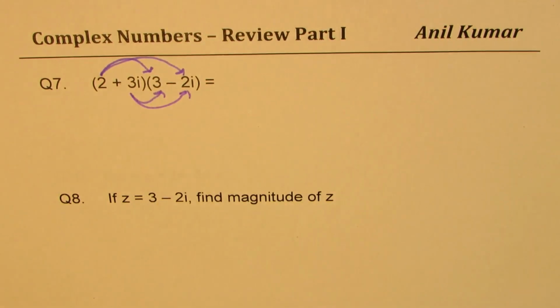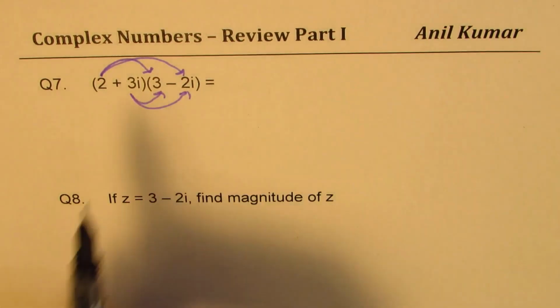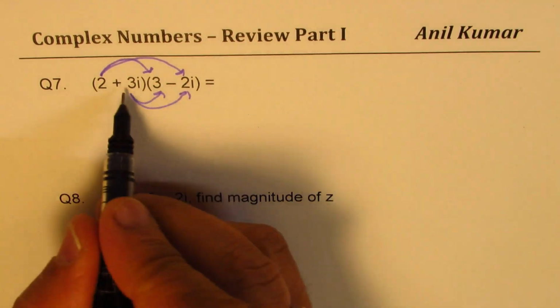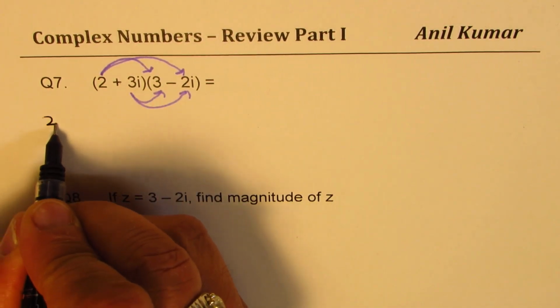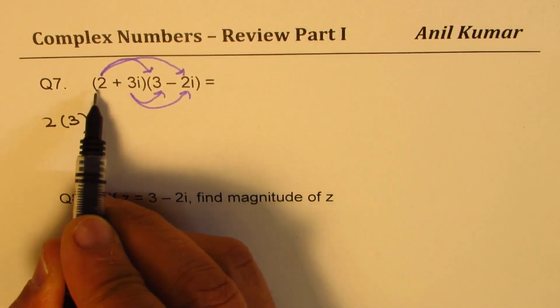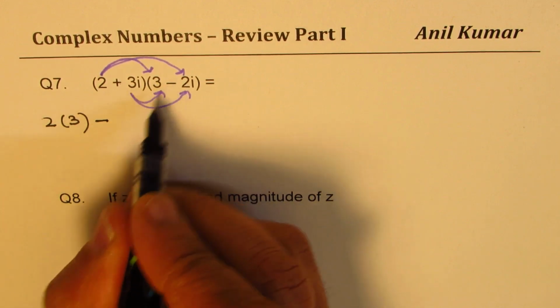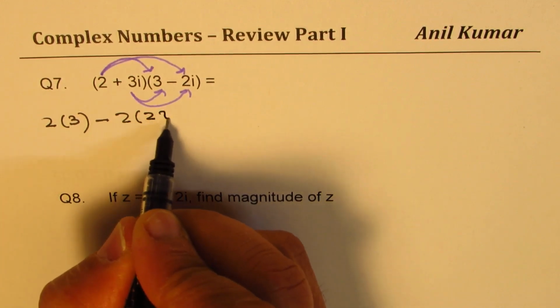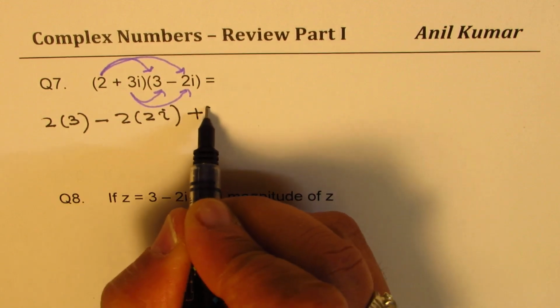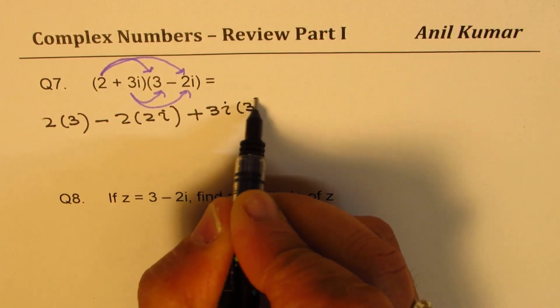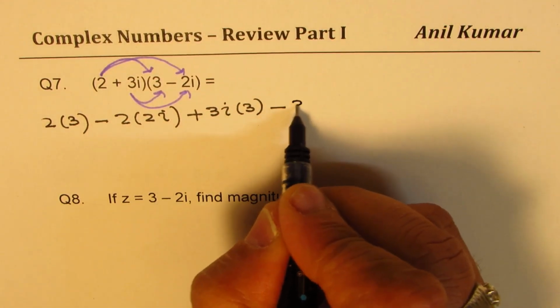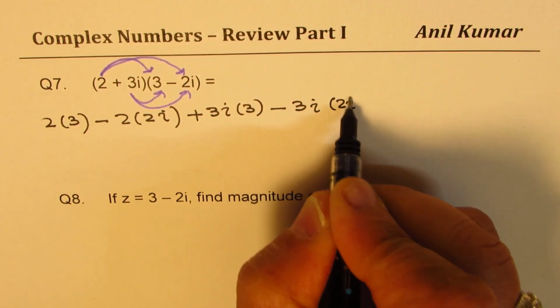Okay? So that is the process. So when you multiply by 2, you get 2 times 3. Let me write this as 2 times 3, and then 2 times, so minus sign, 2 times 2i plus 3i times 3 minus 3i times 2i, correct?